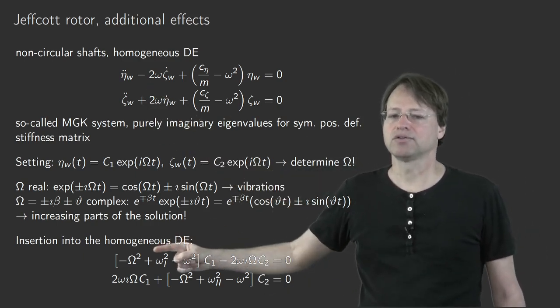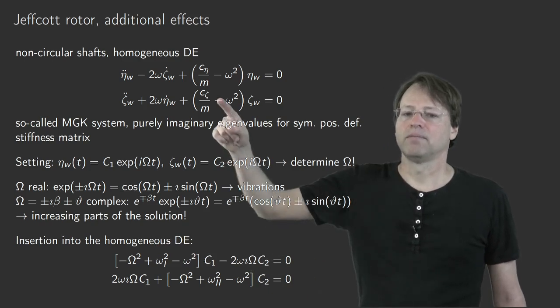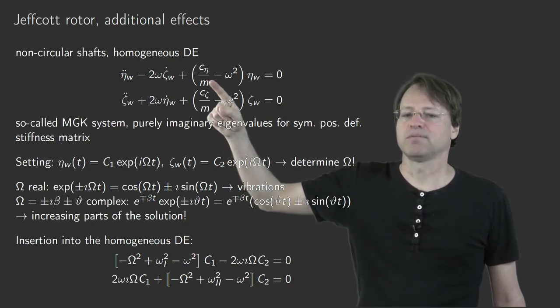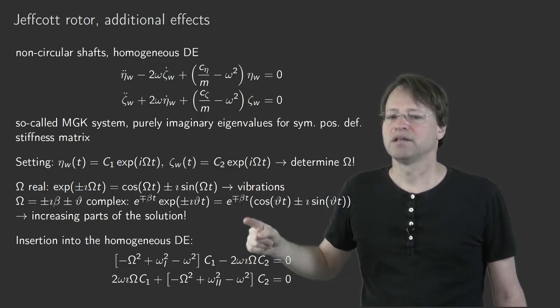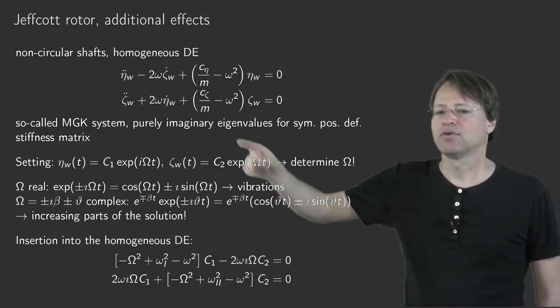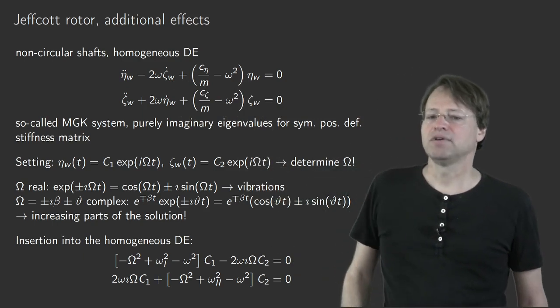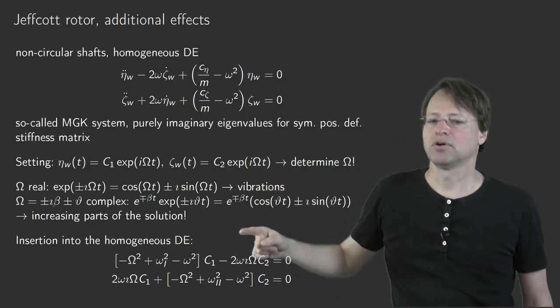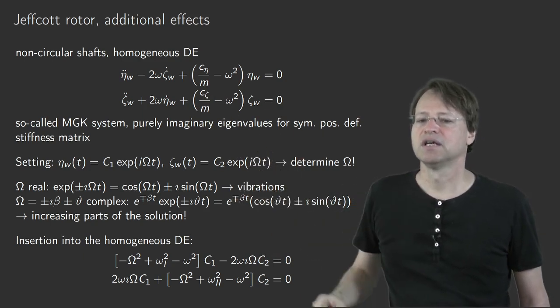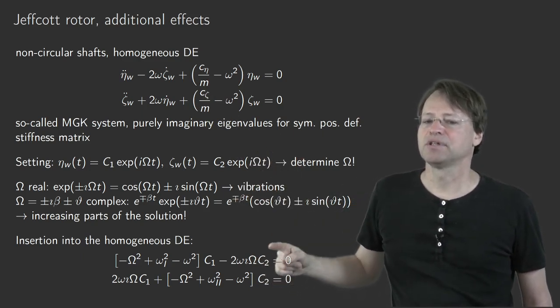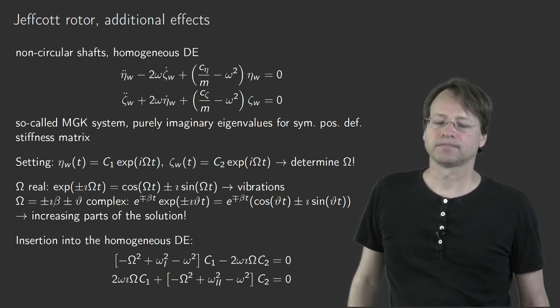We obtain a minus capital omega squared. From the stiffness term, we have omega 1 squared minus omega squared here, and we multiply by the amplitude C1. From the coupling term, we obtain minus 2 times omega, and by taking the first derivative of the setting for zeta, we obtain i capital omega C2.